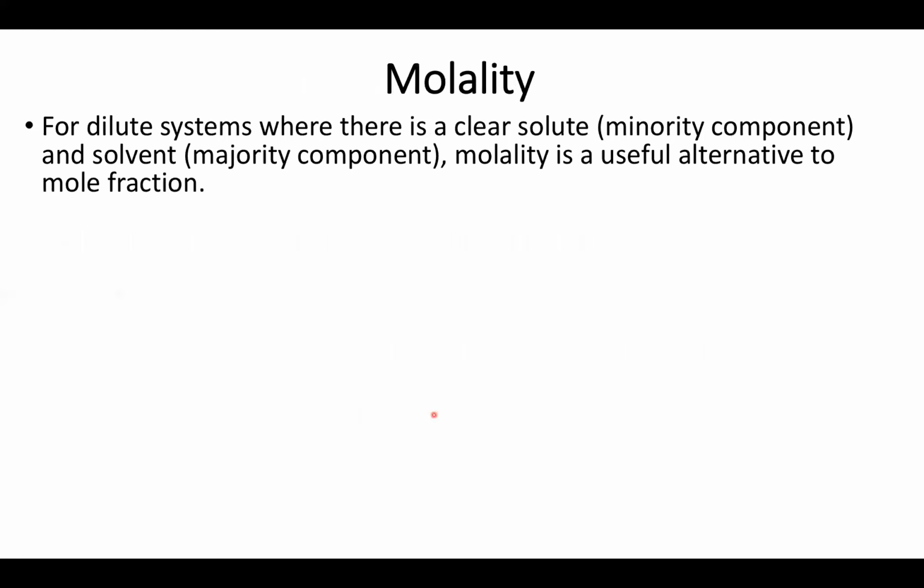So specifically if I'm handling dilute systems, we often have a good stand-in. Now, when I'm talking about dilute systems, this is going to be systems where there's a clear solute, so there's a clear minority component and a clear majority component. Under these conditions, molality actually turns out to be a good alternative. And this is going to be very important because when I define molality, I'm going to be defining it in terms of a solute and a solvent.